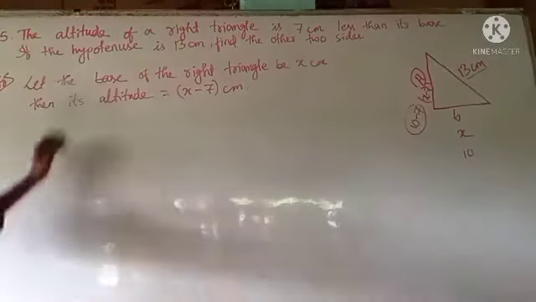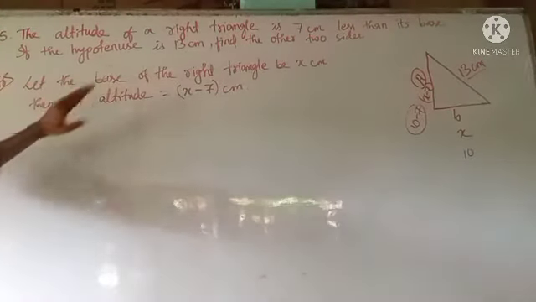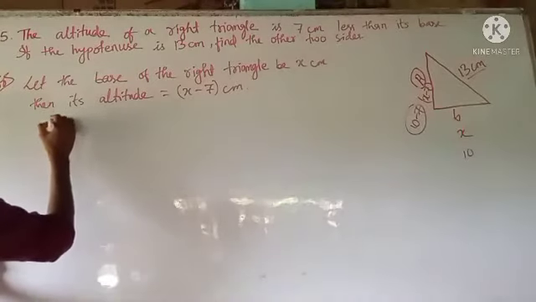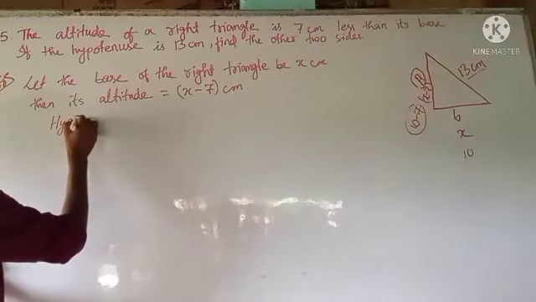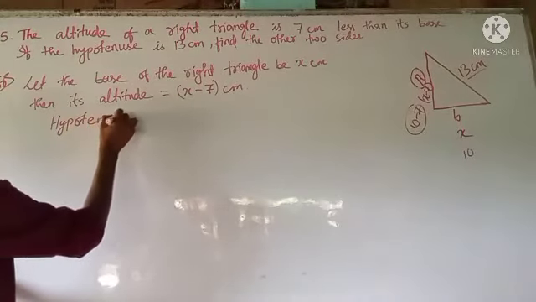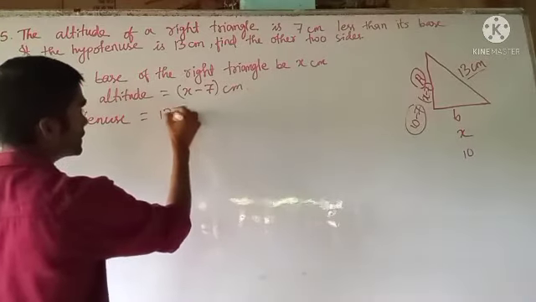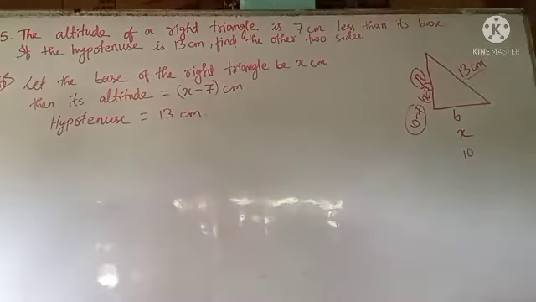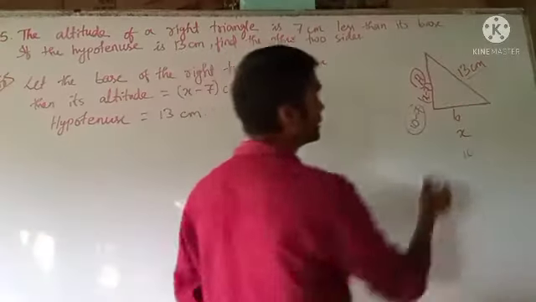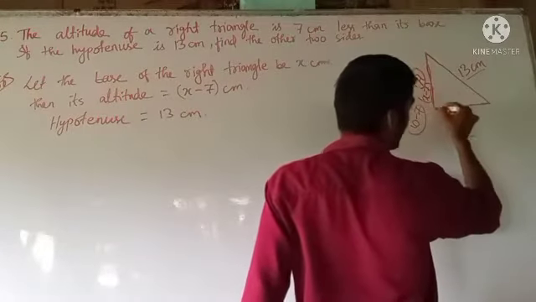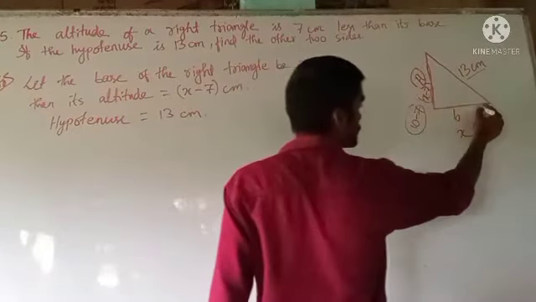Now here it is given one more thing, that the hypotenuse is 13 centimeter. Hypotenuse is equal to 13 centimeter. Now we need to find this altitude, that is this side, and this base. We need to find these two.